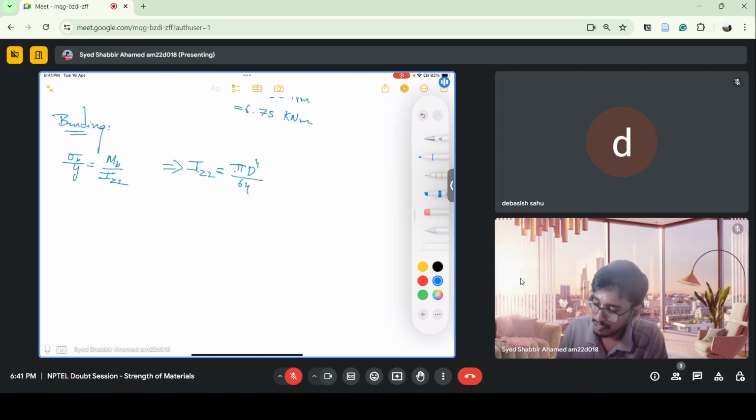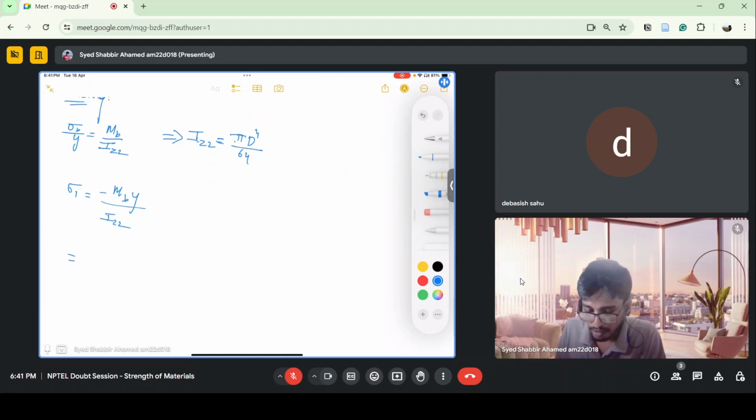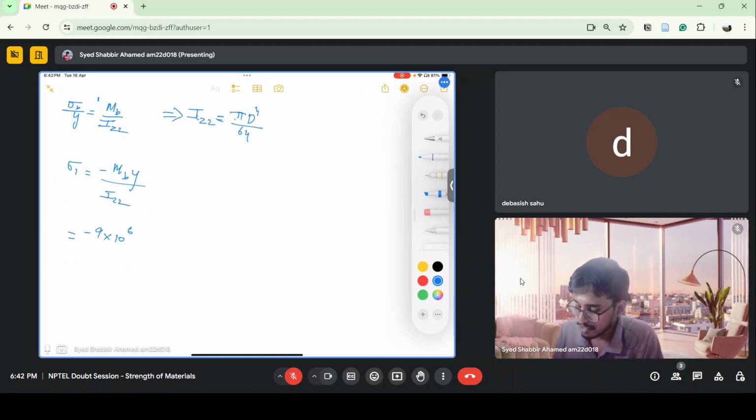So sigma b is equal to, we generally take minus, sigma b equals Mb into y by Izz. I know Mb, which is 9 kilonewton meter, which I'll convert into Newton mm, so that's why I'm multiplying it with 10 to the power of 6.